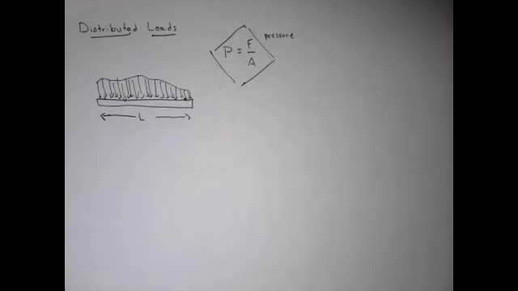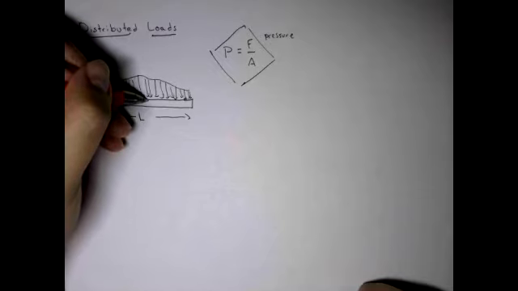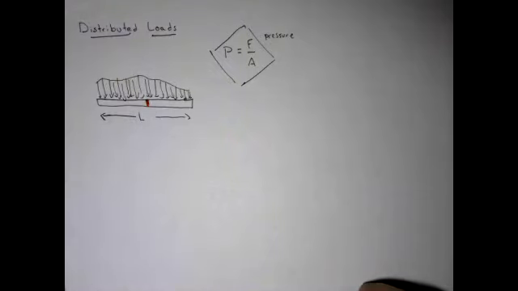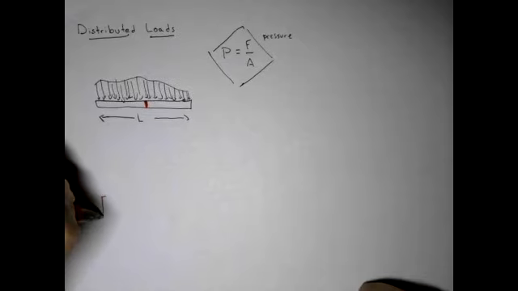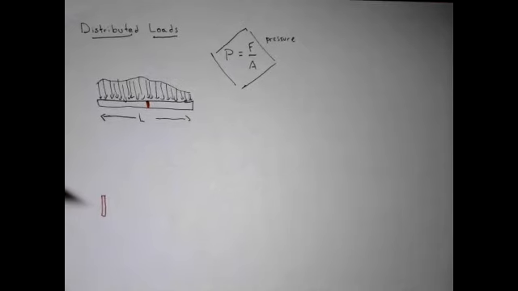Now, how do we calculate these distributed loads? We're going to have to actually resort to calculus. There's a study in calculus called differential analysis where we look at a tiny, tiny length of this bar. In fact, so tiny that we can't even quantify it numerically.